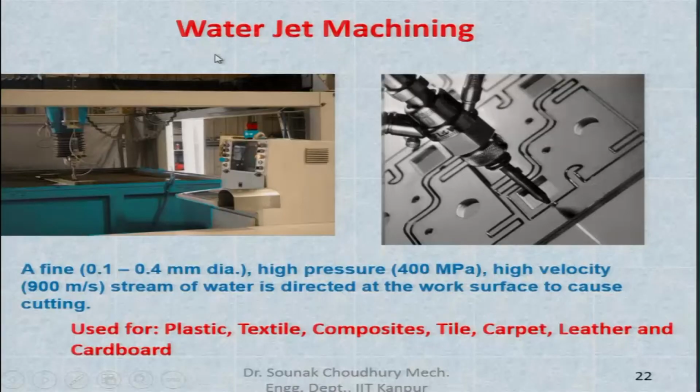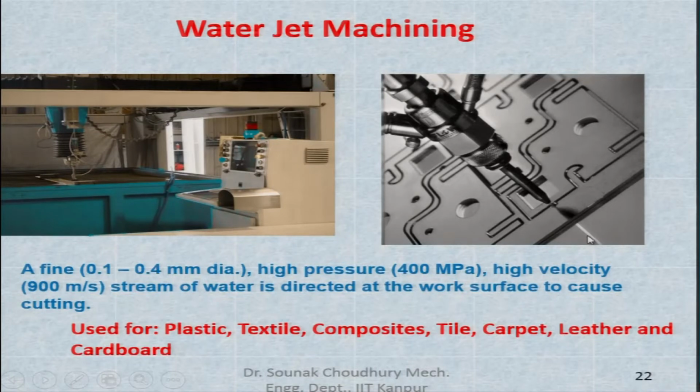In the case of non-traditional machining, as I have shown you, we can have very high accuracy, very high finish, and a very high production rate in many cases. Here, as I was showing you in the last session, is water jet machining.